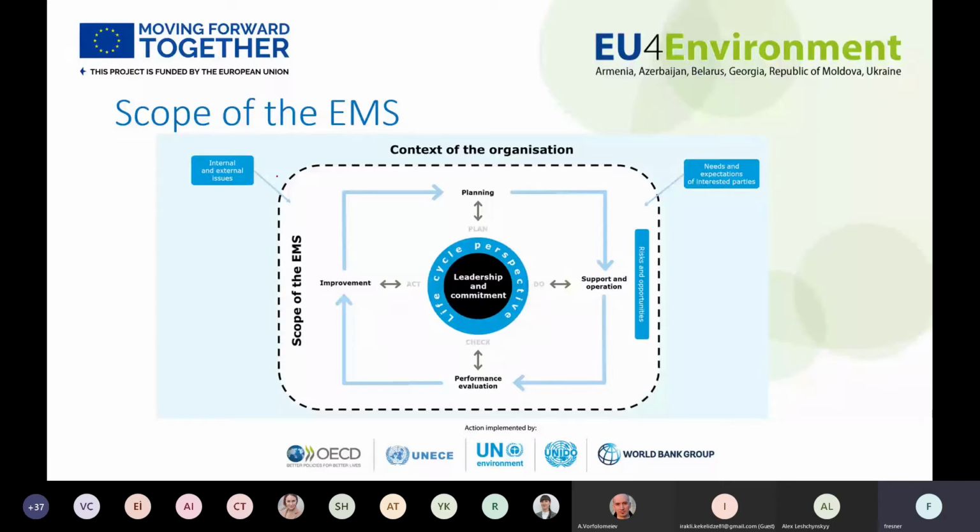These are our stakeholders, which might have an interest in the organization and who will interact with our organization and raise internal and external issues which we need to consider.